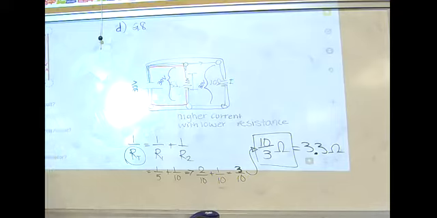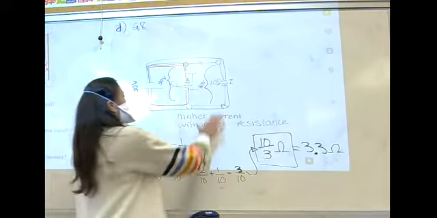And if we wanted to calculate this current, I use the cover-up method. 30 volts divided by 5 ohms, or 30 volts divided by 10 ohms, and calculate that for current.